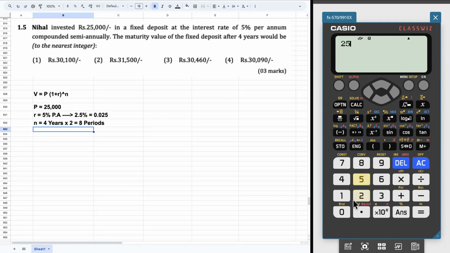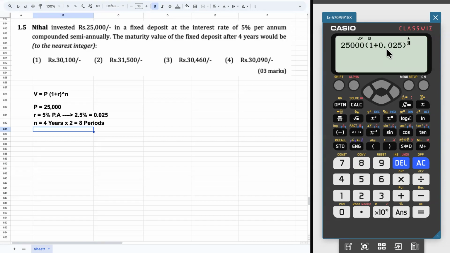The principal amount, the initial amount, is 25,000. Open the bracket, and 1 plus R is 0.025, close the bracket, and put the power of 8 periods. So you can remember here 0.025, the 2.5%, is for a semi-annual period, every 6 months.